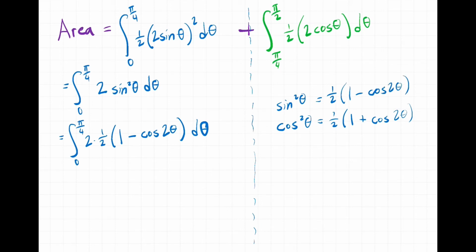So watch out here, because we are starting with a sine squared theta. We are ending up with a cosine of 2 theta in there. No matter which power-reducing formula you use, you'll end up with a cosine 2 theta, but there's a change of sign there, either a plus or a minus, depending. So be careful. Okay, now 2 times 1/2 is just 1, so I can just change that to a 1 here. And we're ready to actually find the antiderivative.